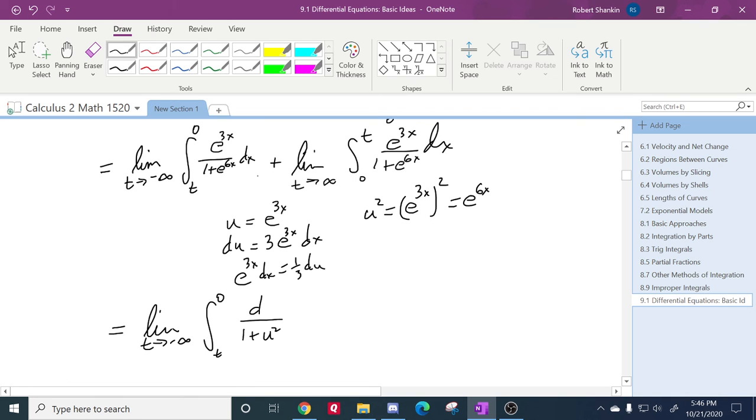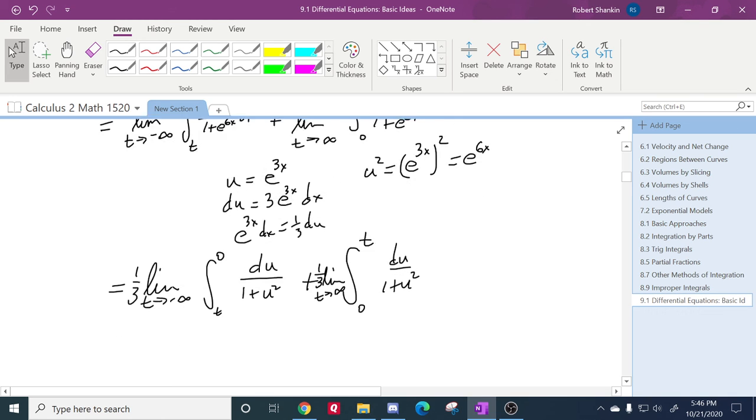The e to the 3x dx all becomes 1/3 du, and I'm going to put that 1/3 way out here. Okay. And then this is plus, and the same thing is going to happen, but it's a limit as t approaches infinity, of 0 to t, du over 1 plus u squared, and again it's got a 1/3 squeezed in here.